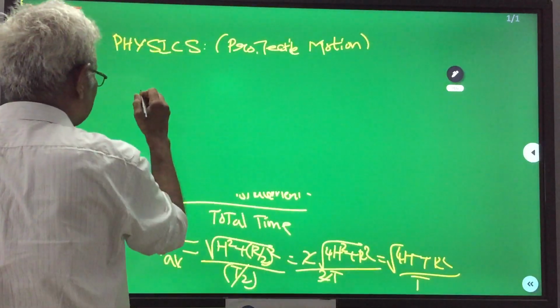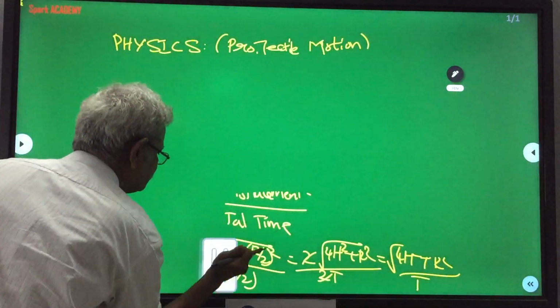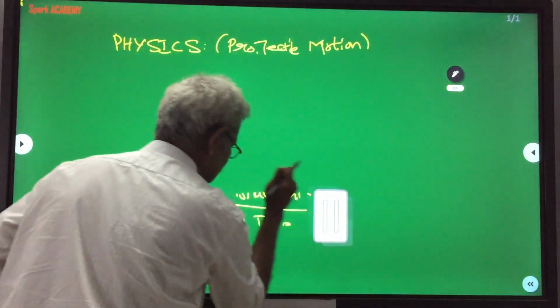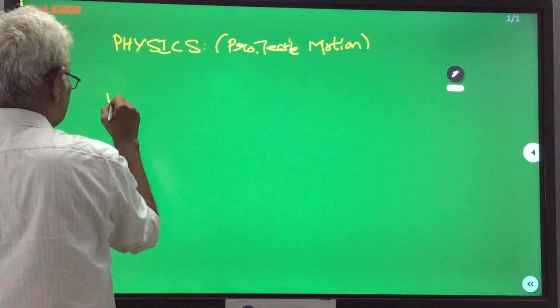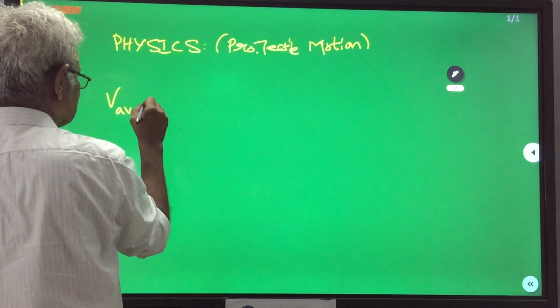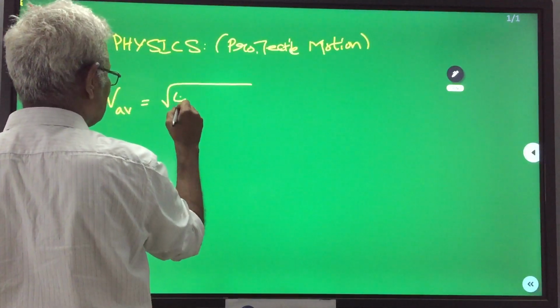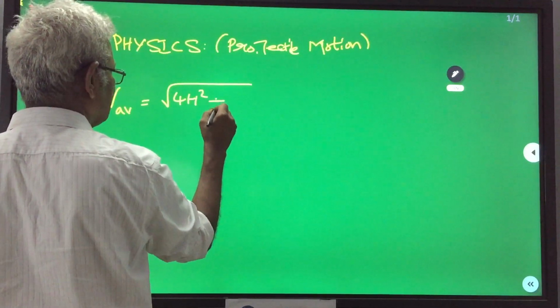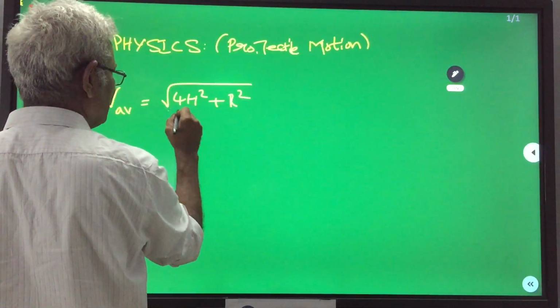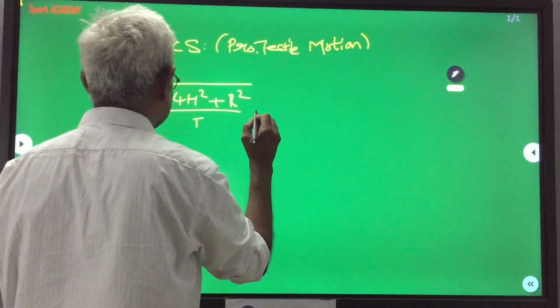So here, what is the average velocity? Average velocity is root of 4h square plus r square by t. Clear?